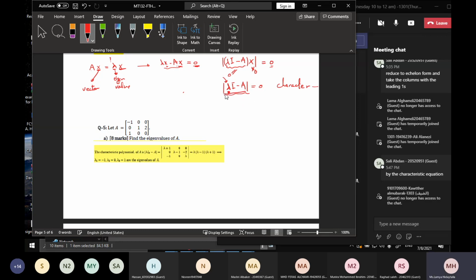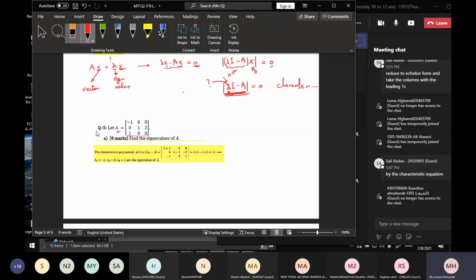So this is what we need to find your lambda. Always, if I want to find the eigenvalue, I start from the characteristic equation, put this down, and then start solving. How do we get the characteristic equation? You have the A here. Notice the matrix must be a square matrix.